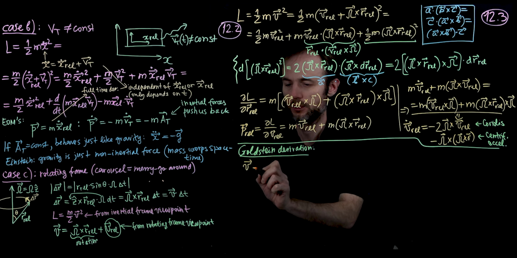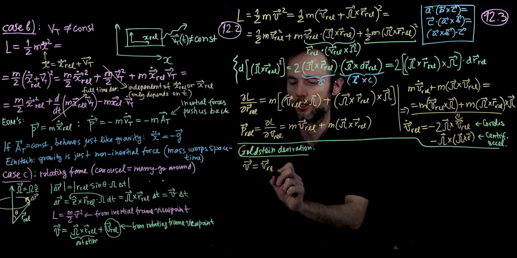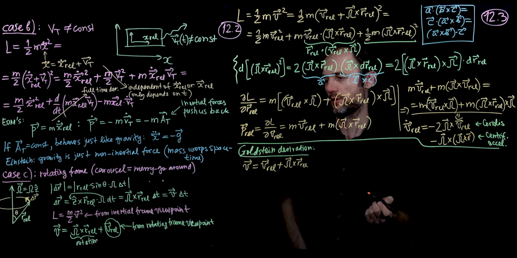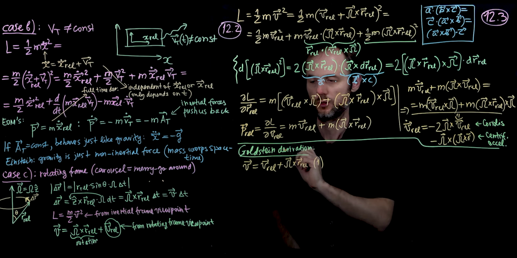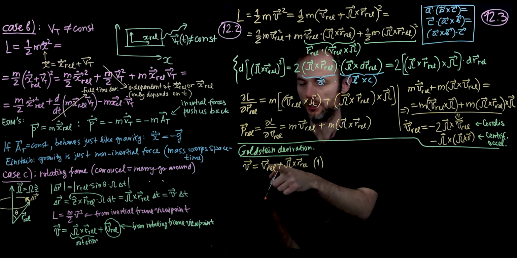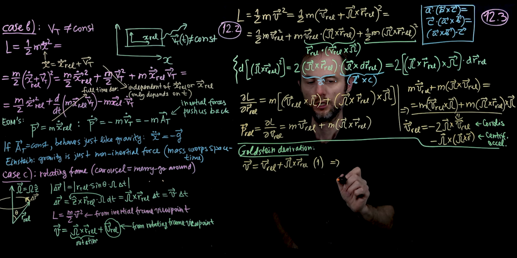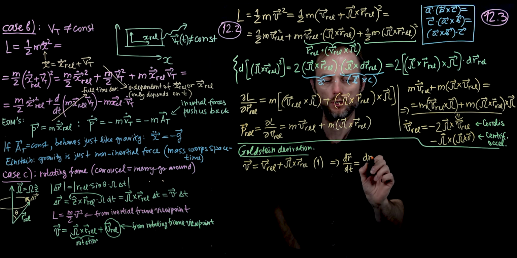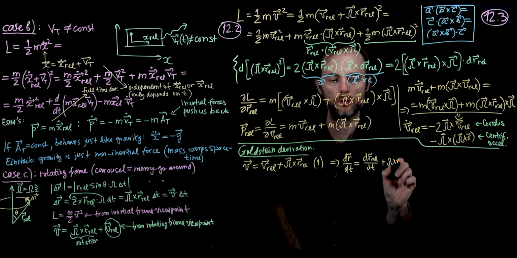Namely, velocity in the lab frame is equal to the relative velocity plus omega cross the relative distance. And let's denote this as equation 1. So what we can do with this is we can rewrite this in terms of derivatives of r. So this is equivalently dr/dt is equal to dr_rel/dt plus omega cross r_rel.